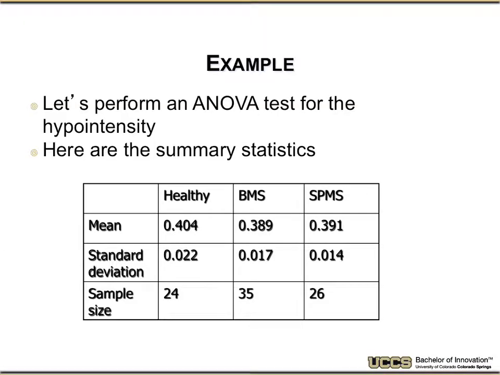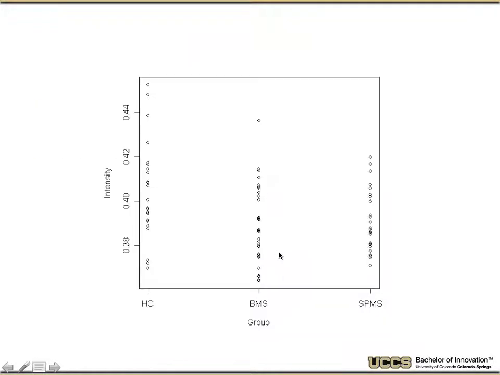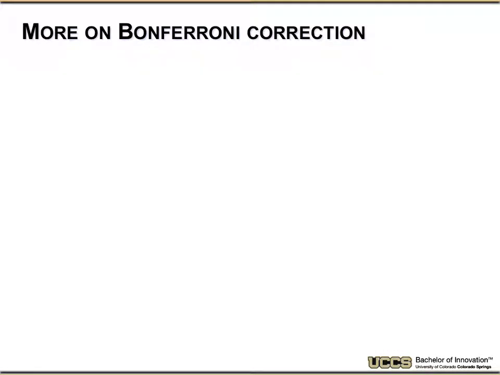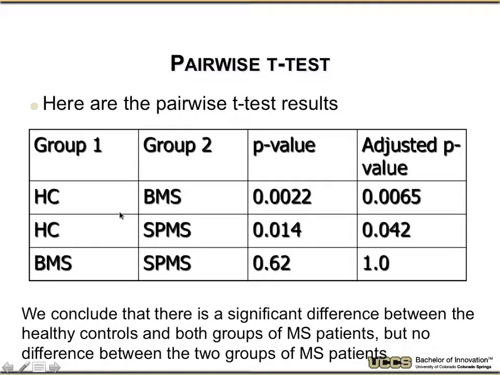For this one here, the healthy is 0.404 BMS, whatever. So we're now looking at what is the difference. If I now look at the pairwise tests, HC is different than BMS, statistically significant. HC versus SPMS, so this is the highest mean. And then the last pair was a little bit weaker.